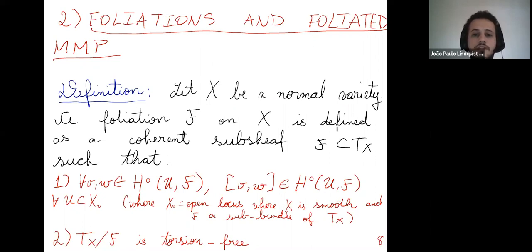A foliation F on X is a coherent subsheaf of the tangent bundle of X, such that for every two local sections, you can think of V and W as two vectors because F is a subsheaf of T_X, you can take the Lie bracket of two vector fields on U. And I just ask that the Lie bracket of two vectors in F is still in F.